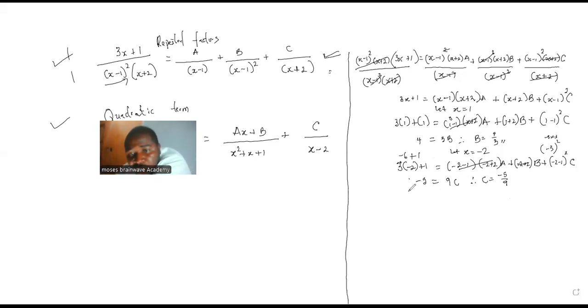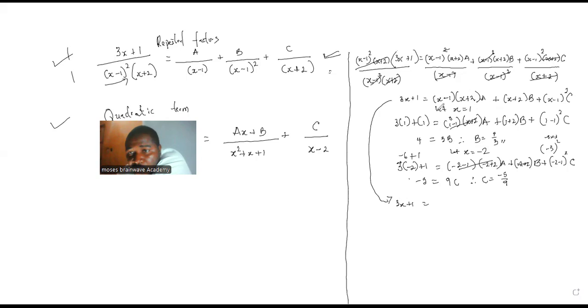So how am I going to get the value for A right now? I'm going to be introducing another technique called comparing the powers of the coefficients. You call it equating coefficients. So let's expand this particular expression and then factor out the common factors of A. So by so doing, we have 3x plus 1.